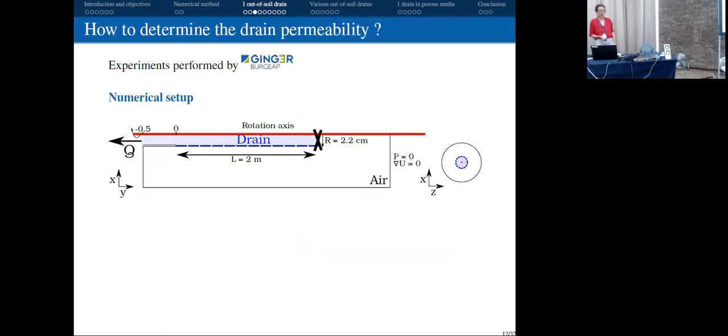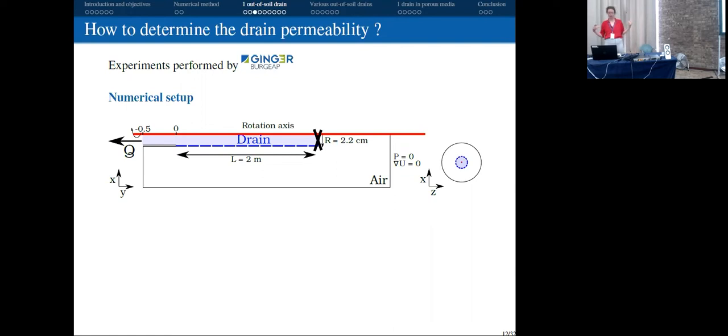To find it, we compare with experiments performed by BirdJap, and the numerical setup is here. It's an axisymmetric setup. We impose the flow rate at the inlet. The first part of the drain is smooth, and the other part is perforated and corrugated.